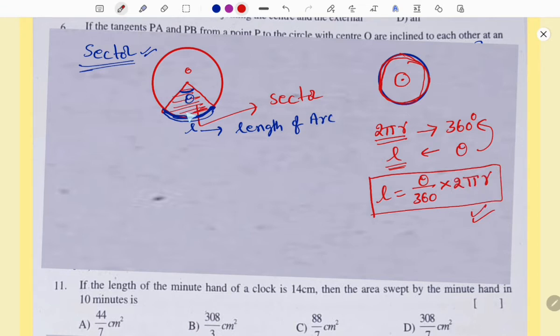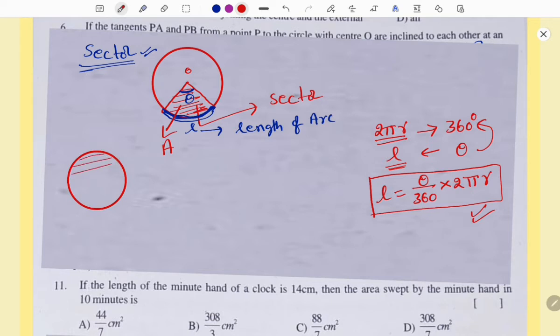Now what about area? How can we find the area of the sector? Suppose again you take a circle like this. The entire area is pi r square. At the center there is 360 degrees, so pi r square, the area of the circle, makes 360 degrees at the center.